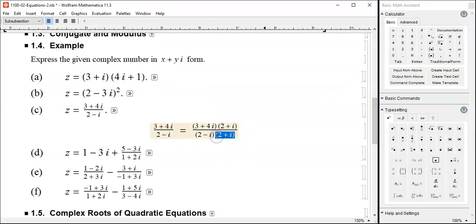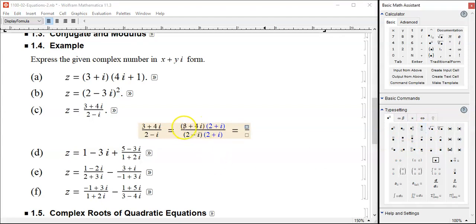The real part 2 stays the same, and the imaginary part is -1 in this case. It changes to +1, so that you have -i becoming plus i. If I do that, will it help? Well, let's find out.